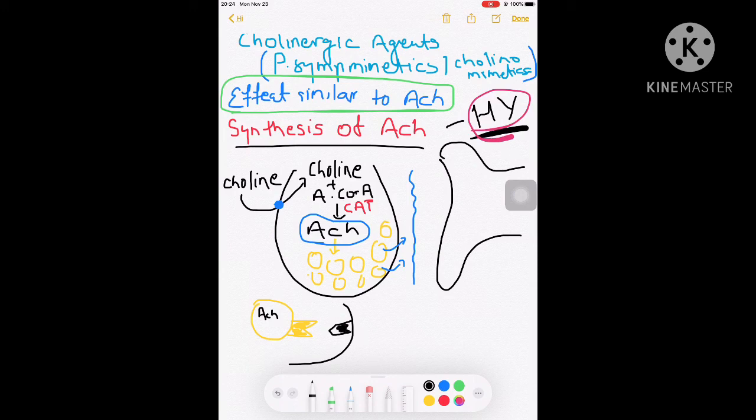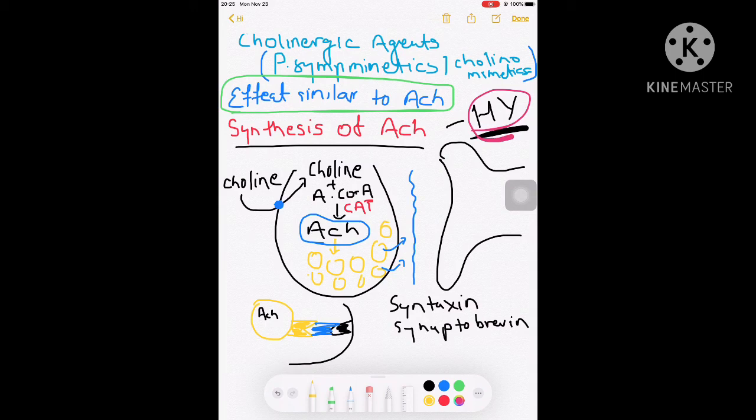Syntaxin and synaptobrevin fuse with each other, and this helps facilitate the release of acetylcholine into the junction, maybe be that neuromuscular junction or whatever. Then the acetylcholine vesicles will be released and the acetylcholine will be out of there.